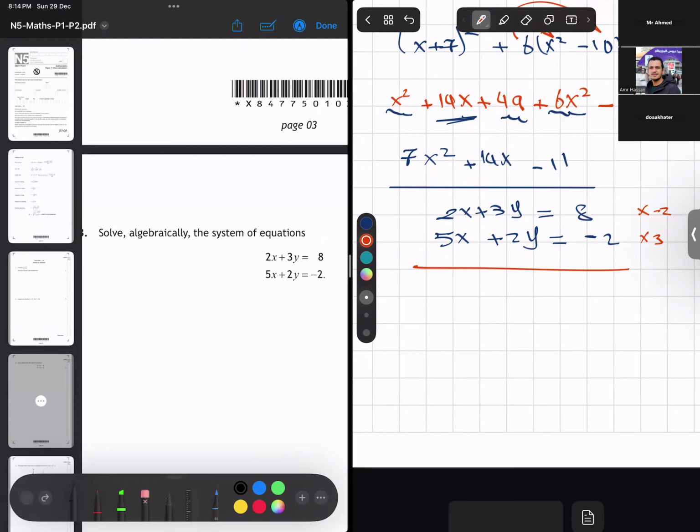I need to multiply everything by -2. -4x plus 6, I meant -6y equals -16. And 15x plus 6y equals -6. Yeah, right.